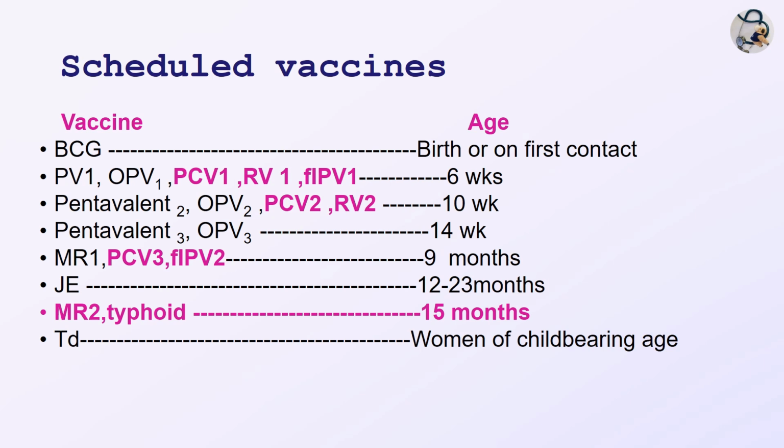Then MR, measles and rubella 1. Many countries give MMR, measles, mumps, rubella. Then pneumococcal third, and fractionated IPV2 is given at 9 months. JE, Japanese encephalitis vaccine, at 12 to 23 months. And then MR second dose, typhoid vaccine at 15 months. And TD for women of childbearing age is in the vaccination schedule. So this may differ from country to country.